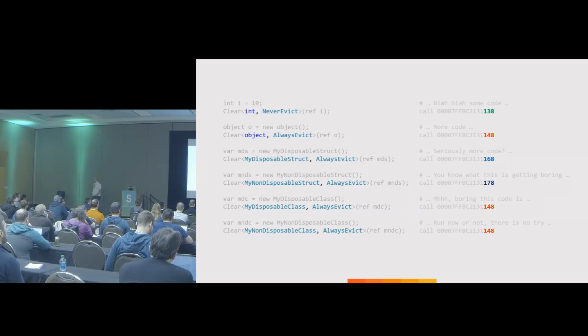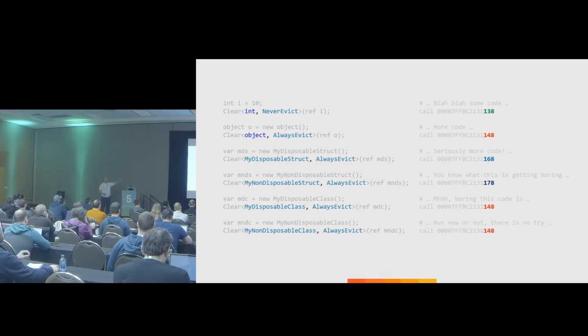What do they have in common? They are not structs. They are not value types. Because the runtime is not able, at least for now, and I do not see it happening for at least a few years from now, to figure out that these are different types of classes, everything gets collapsed to the same code.